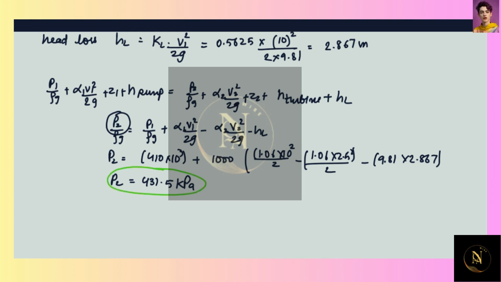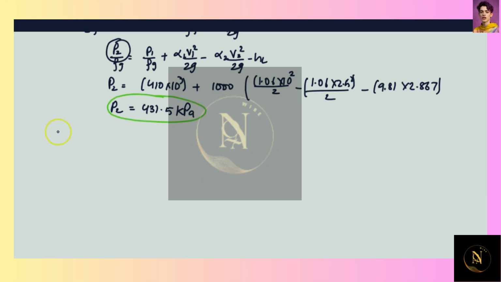Now writing Bernoulli's equation as P1 by rho g plus V1 squared by 2g plus Z1 equals P2 Bernoulli by rho g plus V2 squared by 2g plus Z2.